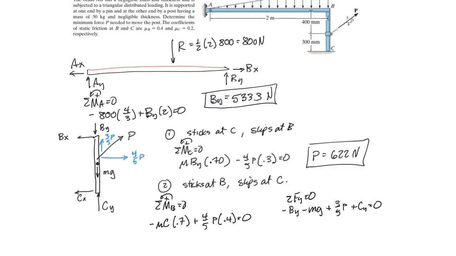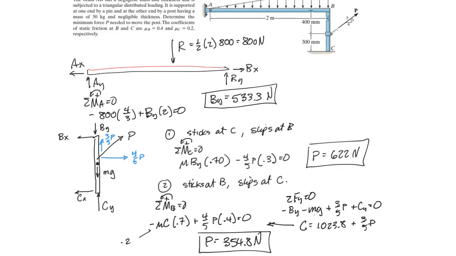I've got mg of 50 kilograms times 9.81. I don't know P, but I can write C as a function of P. And I can plug it into this equation, multiply it by the coefficient of friction, and that is 0.2 down there, and then solve that for P, which is equal to 354.8 newtons.